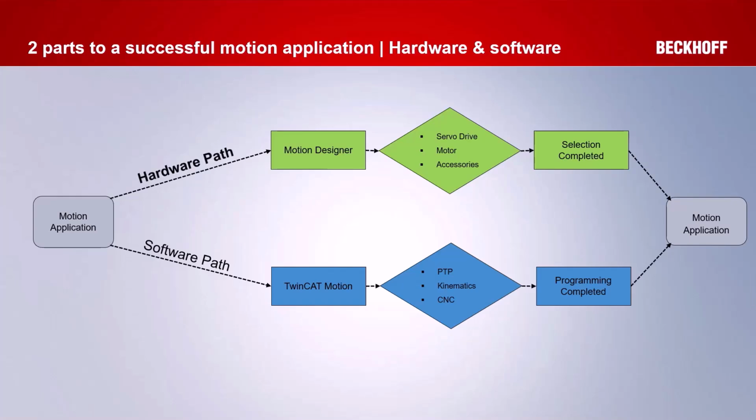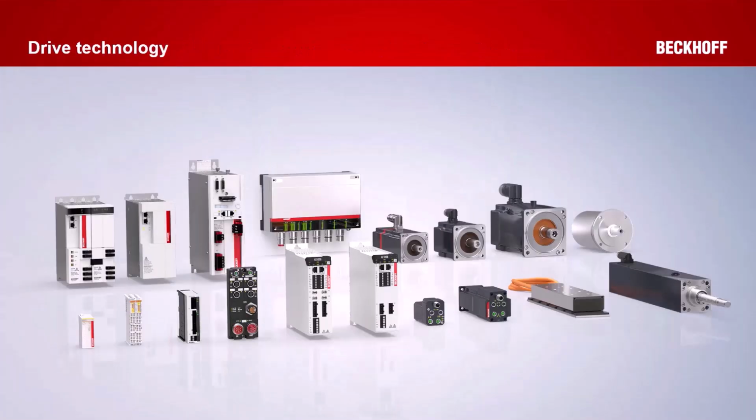So let's go down the hardware path. The hardware path is a wide range of products. We have servo motor products and rotary servo motors themselves, so servo drives and servo motors. We have cabinet-free solutions. We have compact drive technology, stepper technology, linear technology, and hygienic motors, along with electrical cylinders.